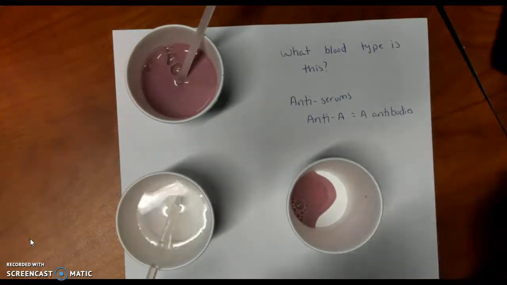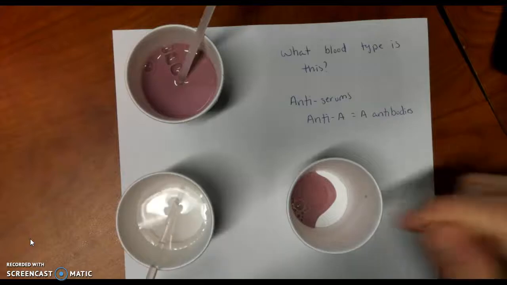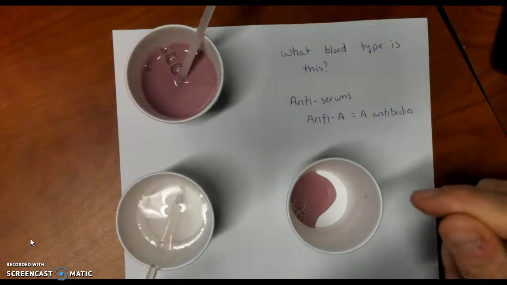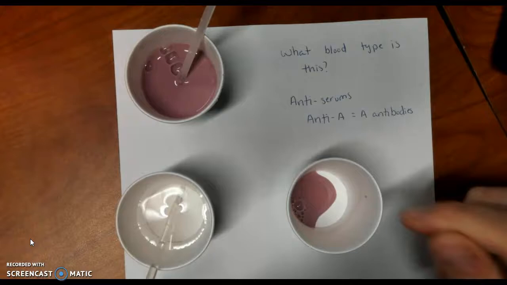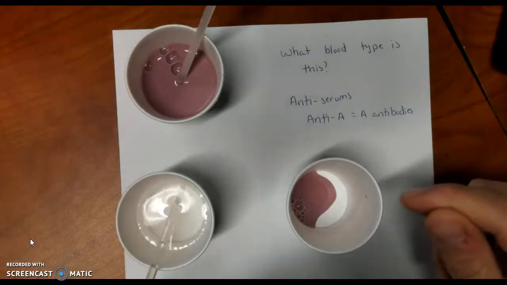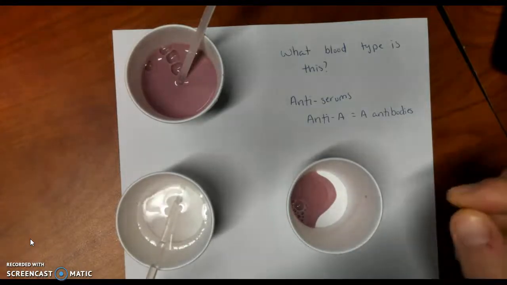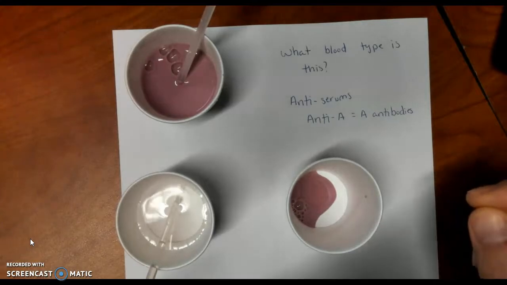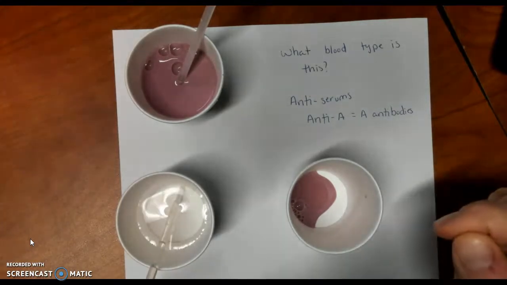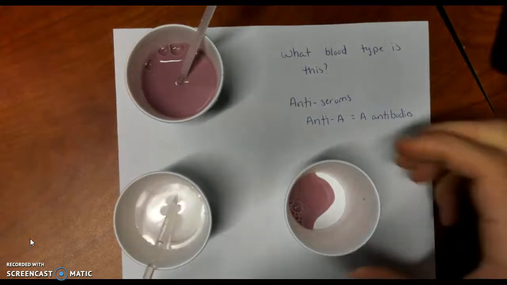If this is agglutinating, that tells me that the A antigen is present in this blood, and by default, this then could be type A blood or type AB blood, because both A and AB blood have the A antigen. It could not be type B blood or type O because neither of those have the A antigen.